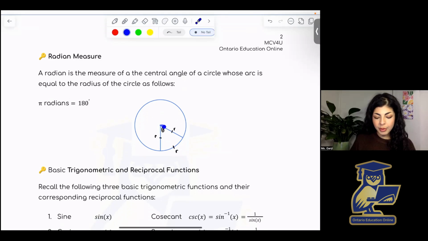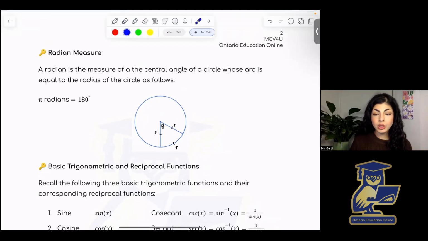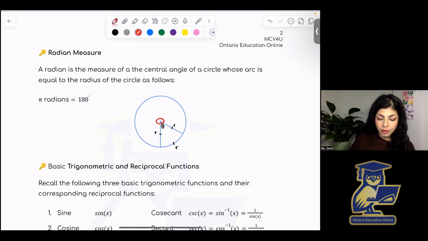As you can see, we have a radius r here, and this arc here is equal to r as well. Because of that, and please make connections to the circumference of a circle, we get that pi radians is equal to 180 degrees, and that's just half of a circle. A full circle has 360 degrees, or 2 pi radians.